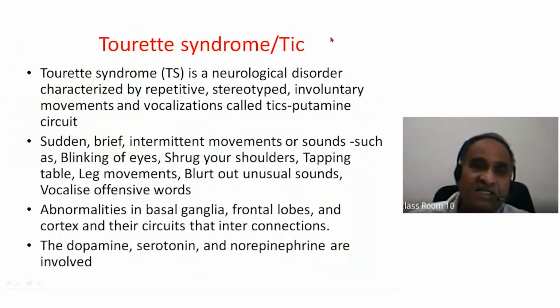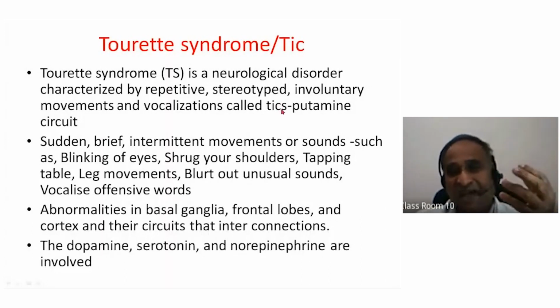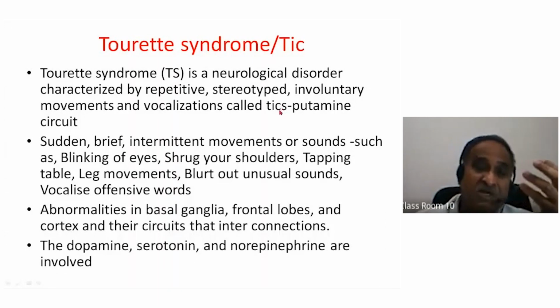Now, there is another syndrome, Tourette syndrome or a tic. This also has a choreatic movement. This is a neurological disorder characterized by repetitive, stereotyped, involuntary movements or vocalizations called tics. Some of them have tics like the eyes, they always try to move the eyes, or they have tics like the lips, and maybe the movement of the hands or some parts of the body.